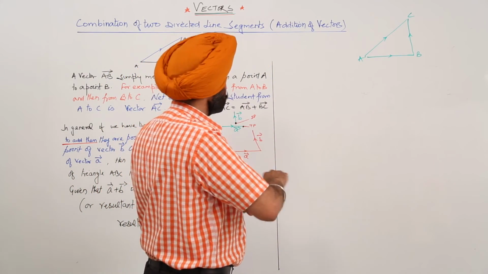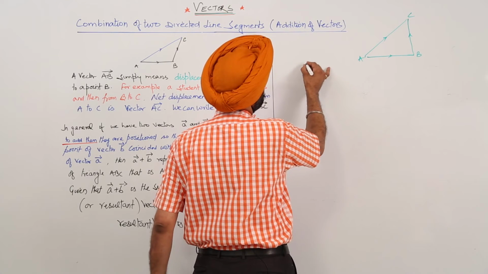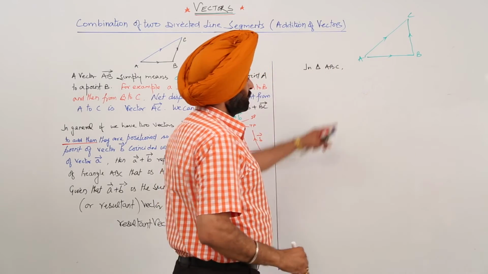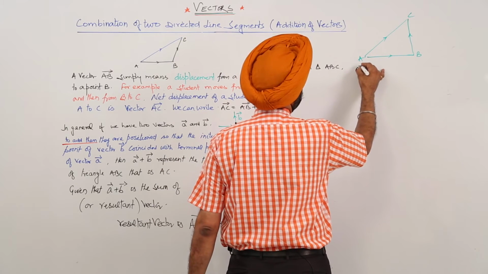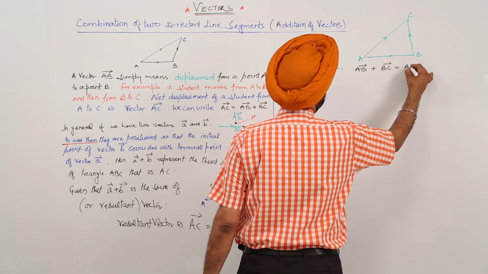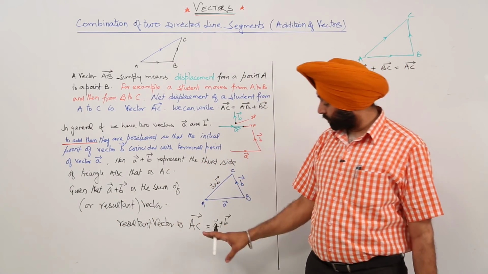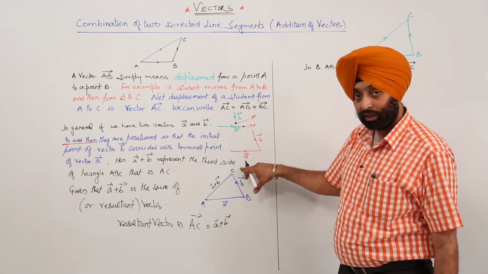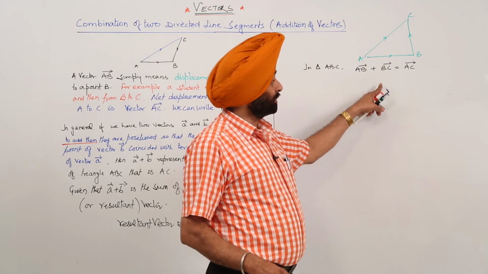In triangle ABC, we have AB, then BC, then AC. We get vector AB, displacement from A to B, then displacement from B to C, and the net displacement from A to C. So in the triangle form we have represented this in this manner.